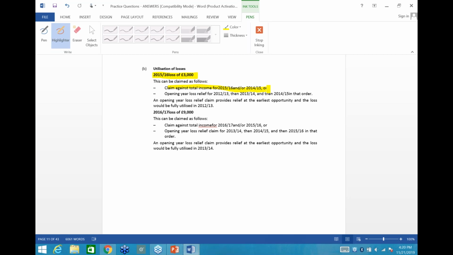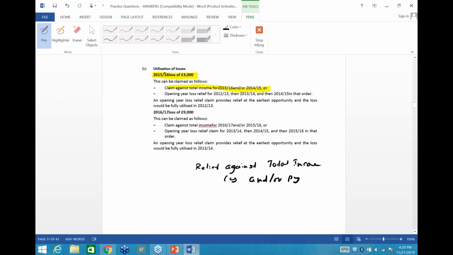For an ongoing business, in addition to the carry forward relief, you have a relief called relief against total income of the current year, very important, and or the previous year.